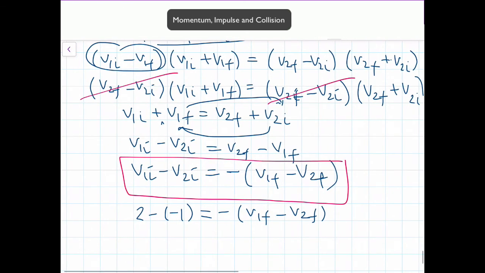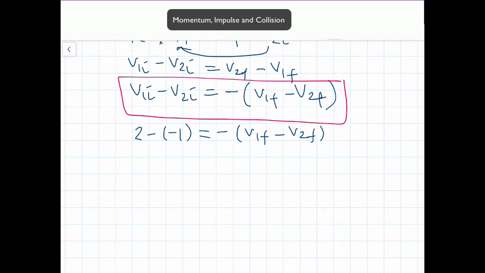Then you have 2 minus of minus 1 equals 3 equals v2 final minus v1 final. The minus will go and then it's going to make it. Then this is equation 2. Then combine 1 and 2.